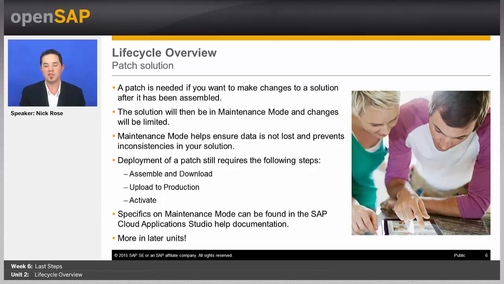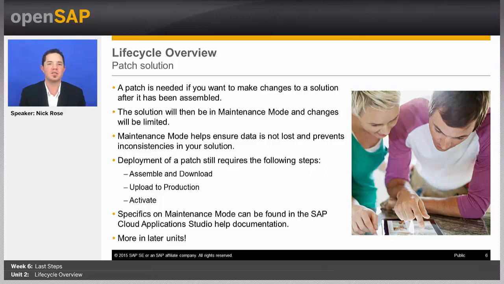You create a new patch solution, and that opens up a new solution in what's called maintenance mode. Maintenance mode is basically some restrictions that are put in place by the SAP Cloud Application Studio for us as developers to make sure that we don't make changes that would be incompatible in another system, so we don't lose data, so we don't cause any kind of inconsistency.